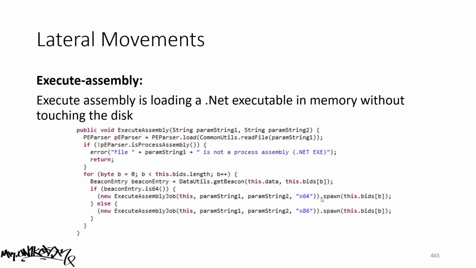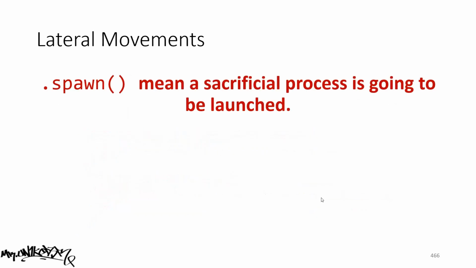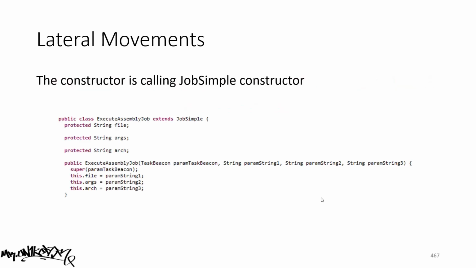So make sure that every time you run a command, if you want to avoid process injection, don't use anything that does spawn. And spoiler alert, execute-assembly is actually spawning a sacrificial process. So that's one of the reasons why you may get detected. A spawn sacrificial process is going to be launched. Keep that in mind. And there's a bunch of functionality in Cobalt Strike that uses spawn.